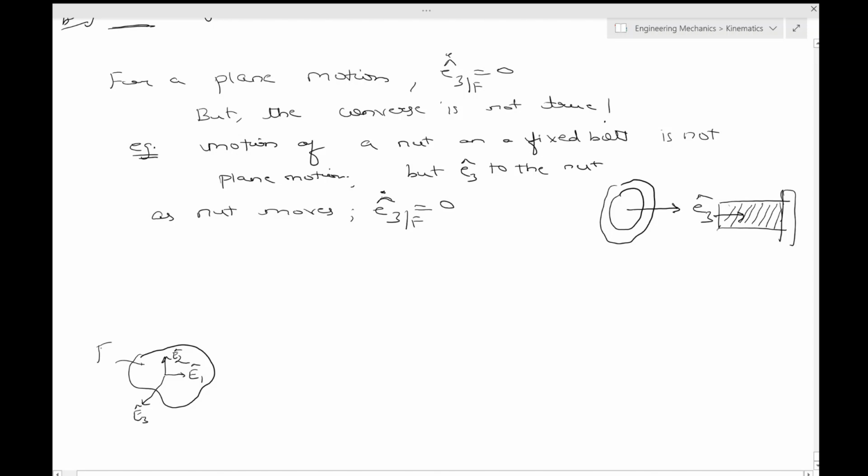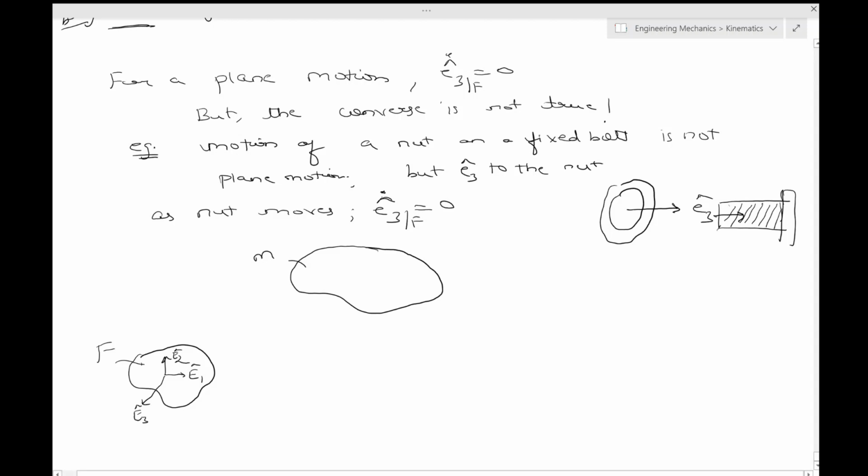This is F. Now you have this frame M. I keep on saying frame M and frame F, but they can be two separate rigid bodies in a mechanism. In a machine, for example, there may be two separate parts of a machine with one moving relative to the other.